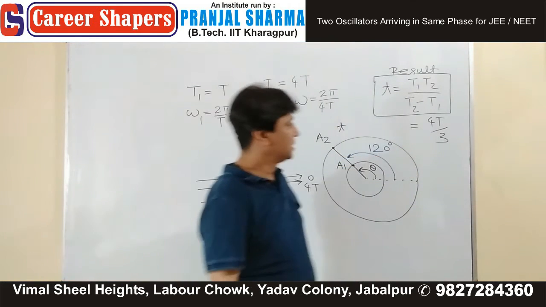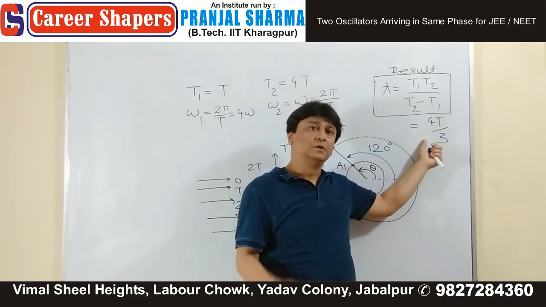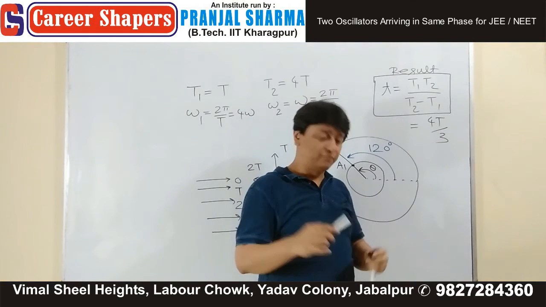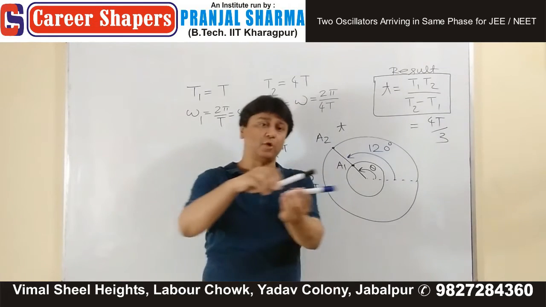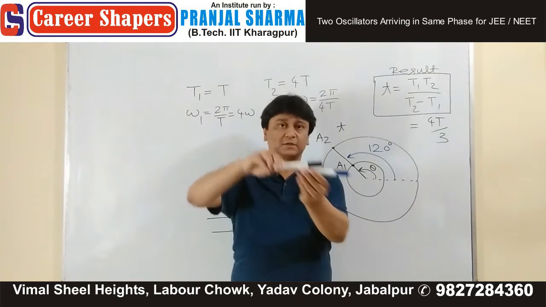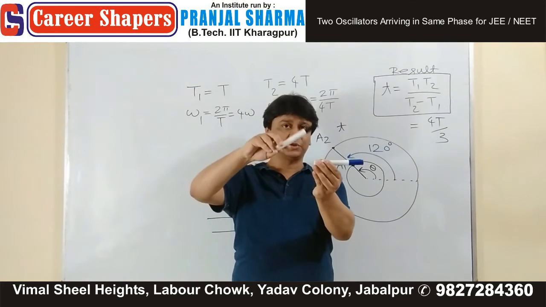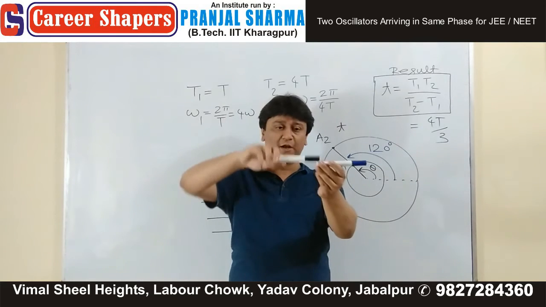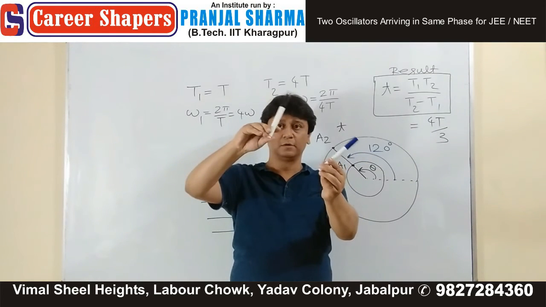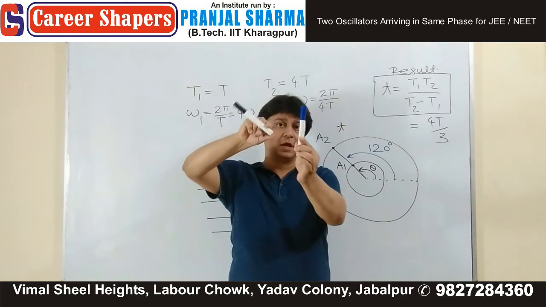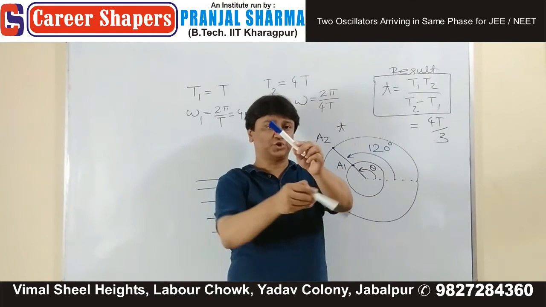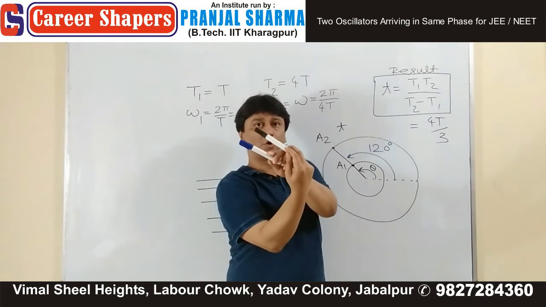Which time was this? When they are in the same phase, but they don't have to be at the starting point. The faster one overshoots and then catches up with the slower one again.